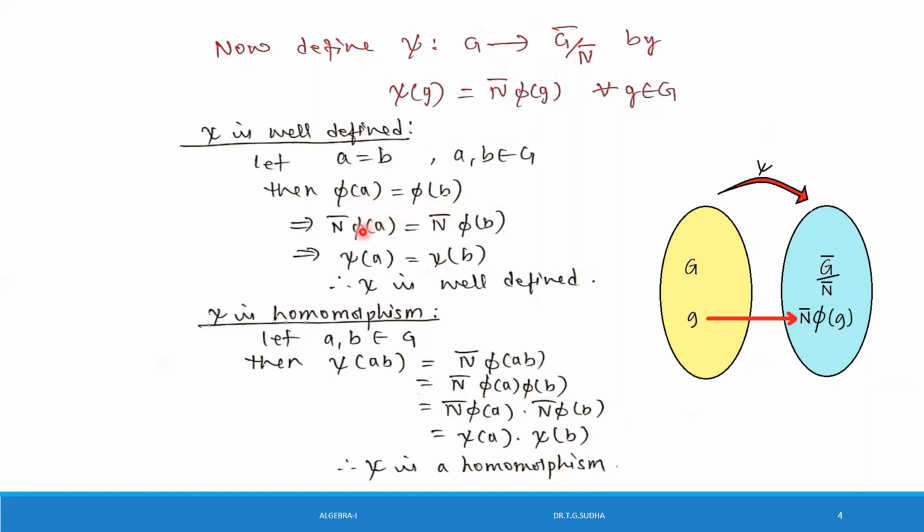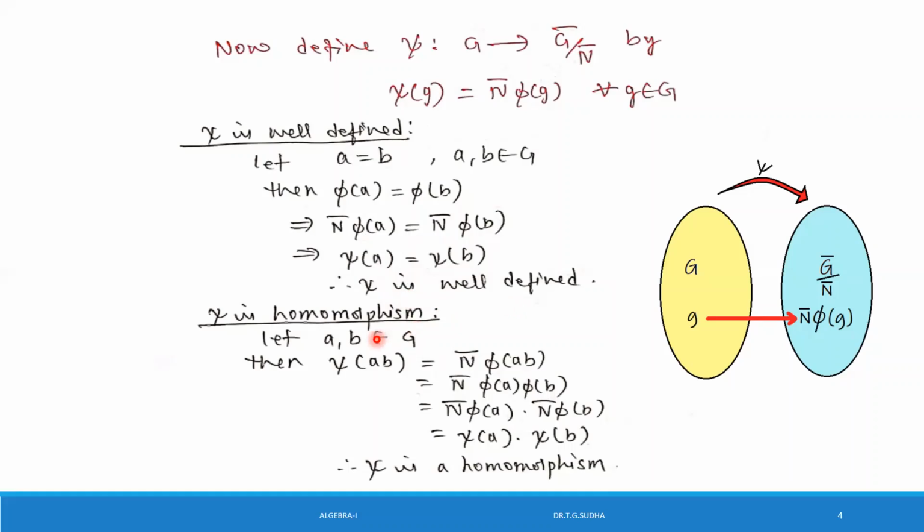And this in turn gives us N bar of phi of a is equal to N bar of phi of b by the definition of cosets. Because the elements are equal, the cosets generated by them are also equal. Since now N bar of phi of a is equal to N bar of phi of b, by the definition of psi, we get psi of a is equal to psi of b, therefore giving us psi is well defined.